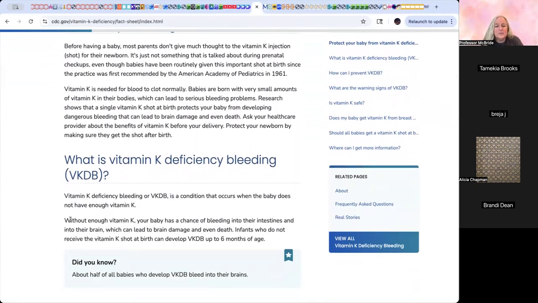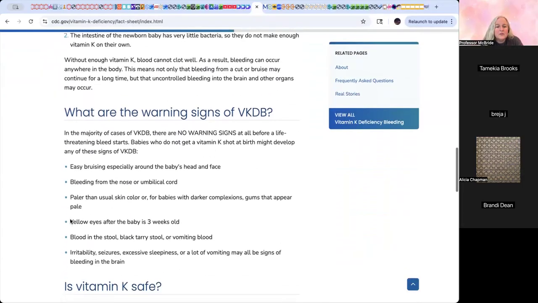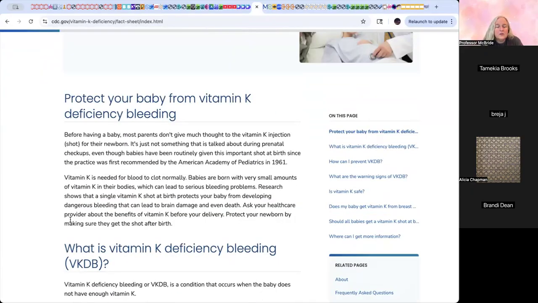So if we give babies vitamin K, it's going to help start this process for them to start developing their clotting factors so that their blood can clot normally.